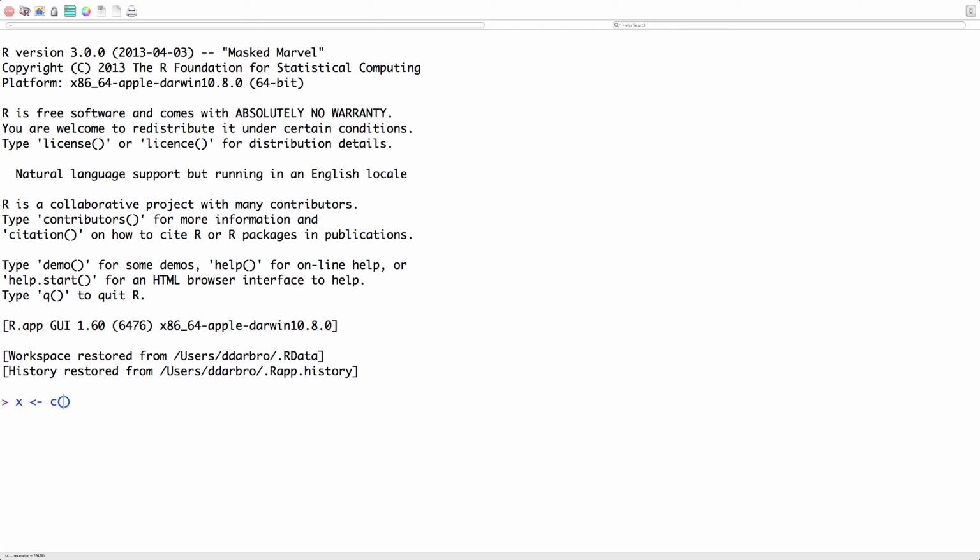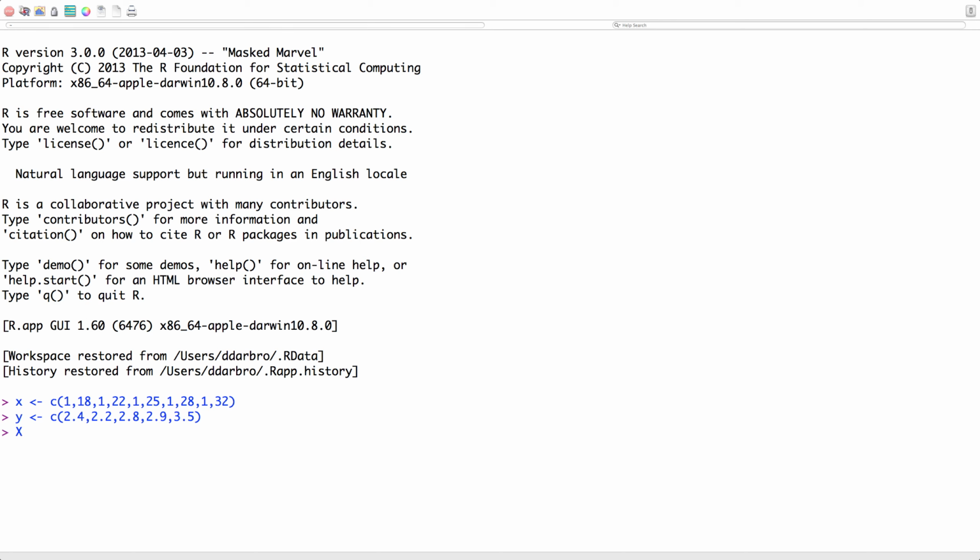I want to go 1, 18, 1, 22, 1, 25, 1, 28, and 1, 32. And our Y is going to be c of 2.4, 2.2, 2.8, 2.9, and 3.5.